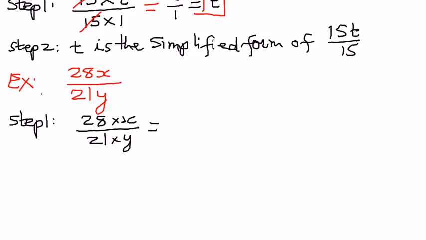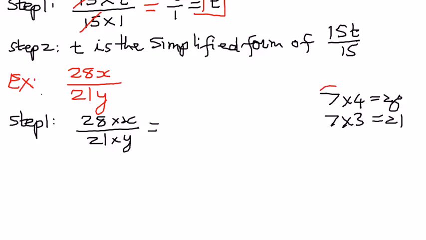If we were to look in the times table for a common number between 21 and 28, we can recall that 7 times 4 is 28 and 7 times 3 is 21.